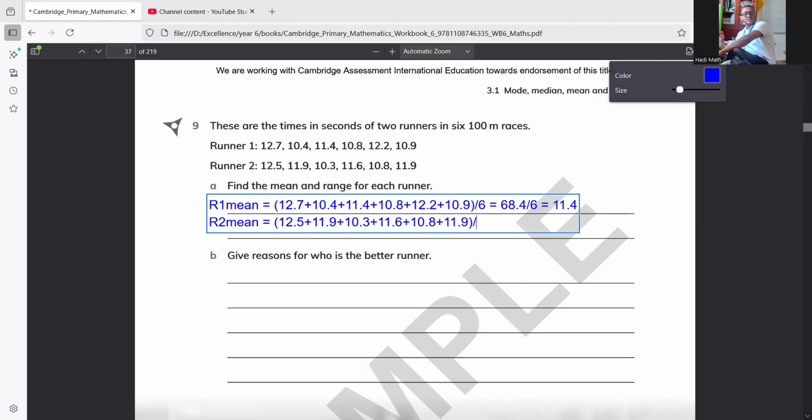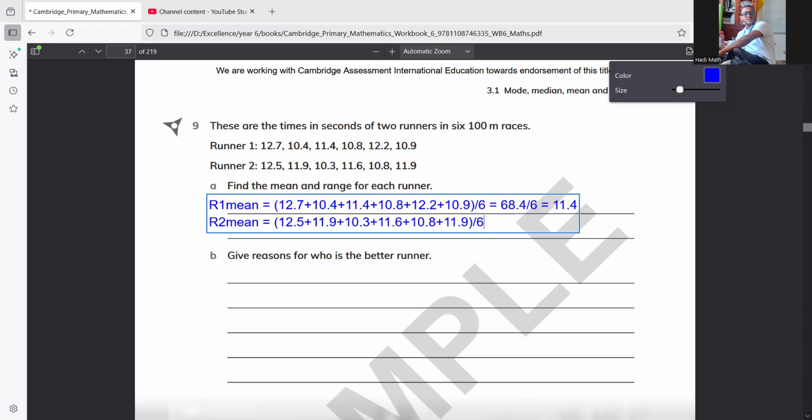And you divide them by what? By 6, because they are also 6.